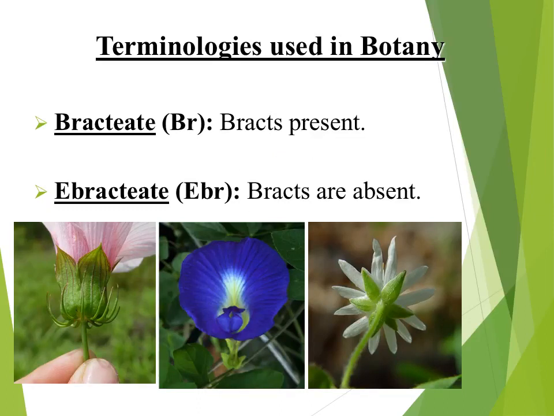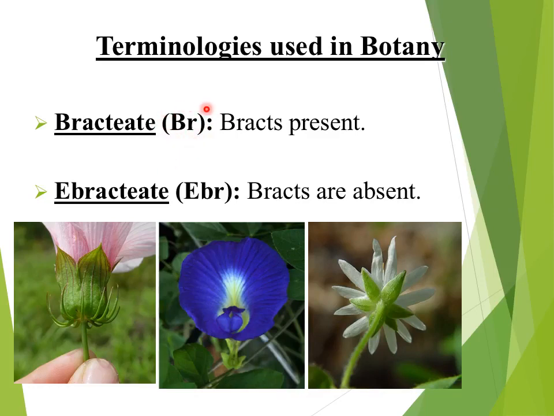Now the terminologies used in botany. Bracteate, this is the symbol of bracteate flower. If the bracts are present, the flower is said to be bracteate, ebracteate if the bracts are absent. Now these are the three pictures in the slide.